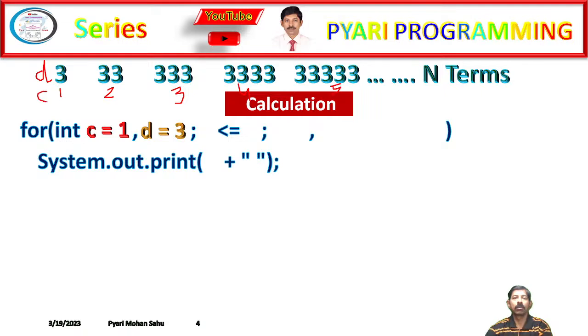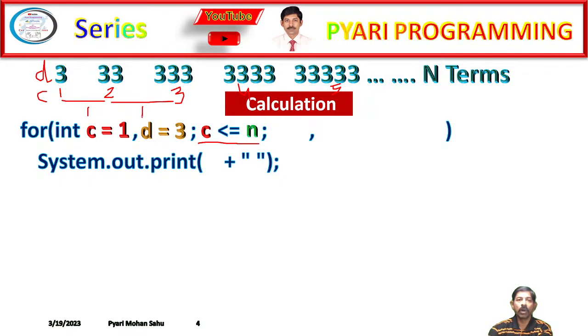Okay. Now what should be my condition? As I am moving up to the number of terms, so number of terms is available in n. So that's why my C will be checked with n. C is less than equals to n. Now C has to be updated by 1 because my counter is initially 1, then it is 2. The gap between them is 1. From 2 I will move to 3.